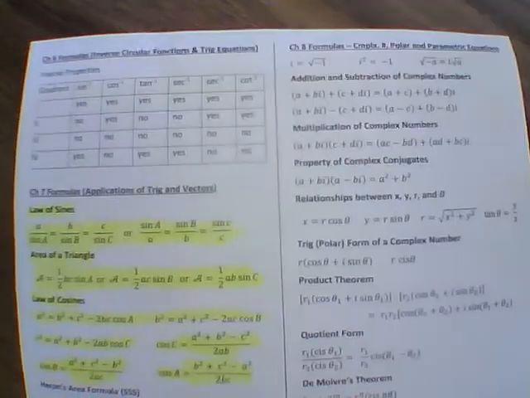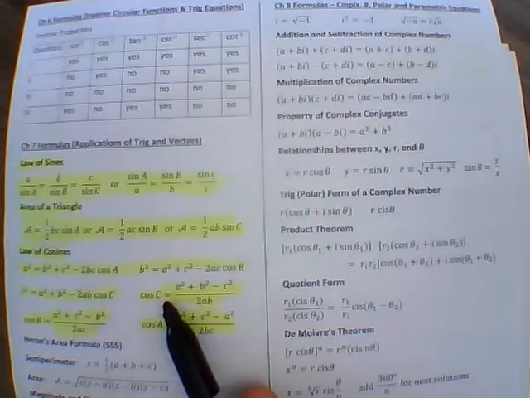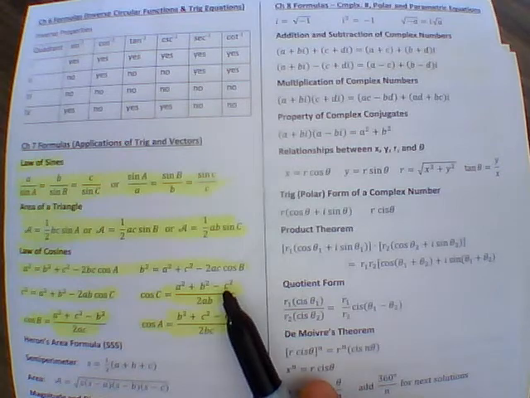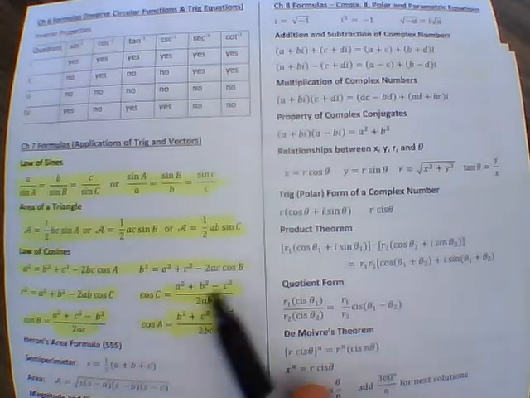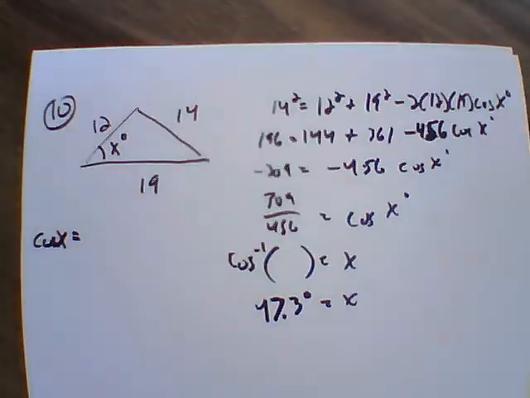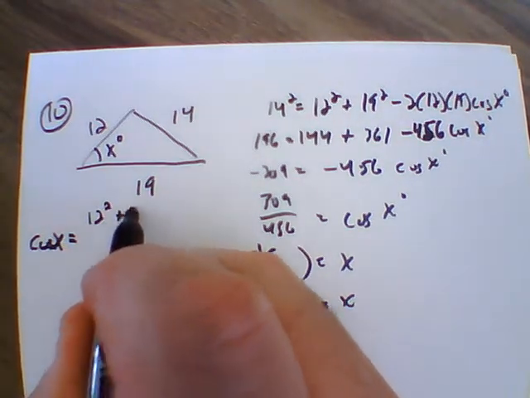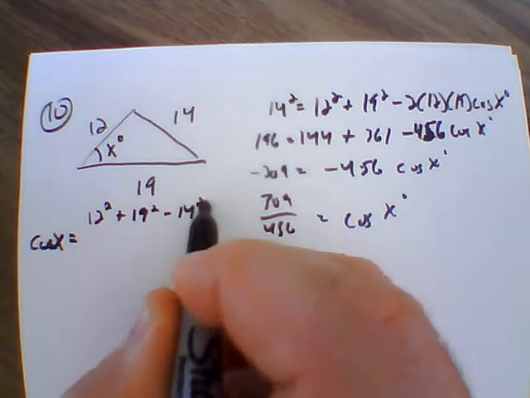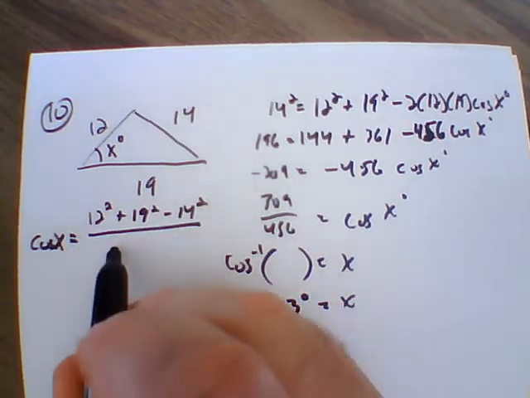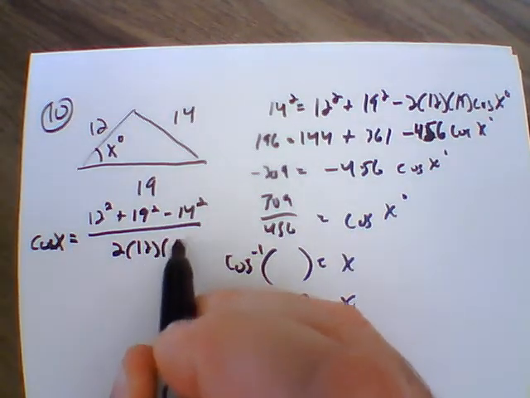If you notice, right here I have cosine c equals, and then it's a minus c squared over here. So my side opposite deals with this right here. So we would go 12 squared plus 19 squared minus 14 squared, all over 2 times 12 times 19.